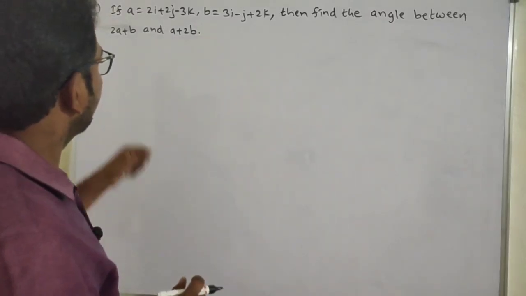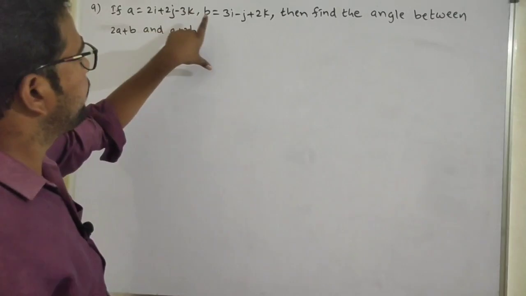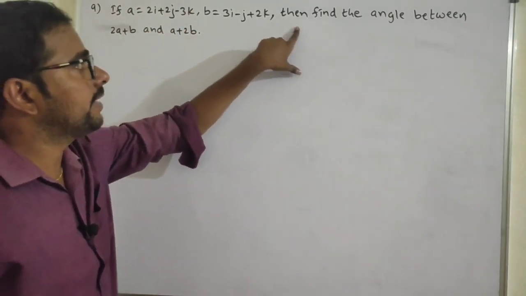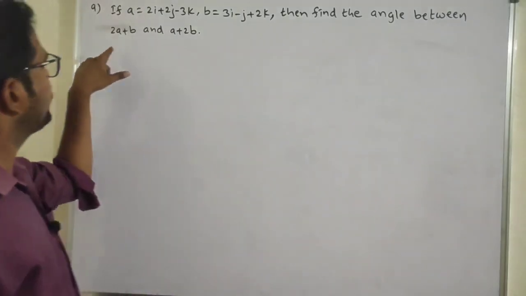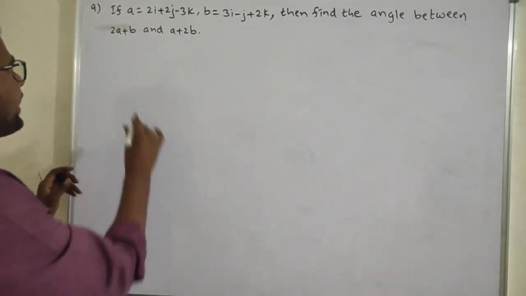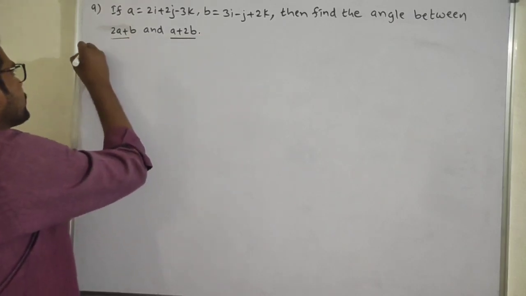Now ninth question. If a is equal to 2i plus 2j minus 3k, b is equal to 3i minus j plus 2k, then find the angle between 2a plus b and a plus 2b. What is given?